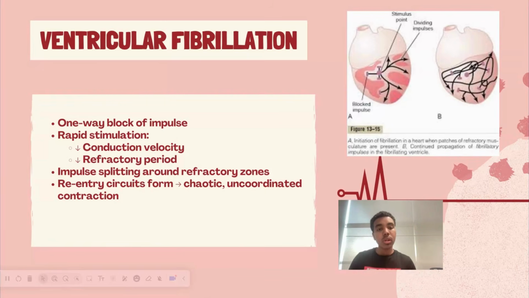So you're going to have impulses that are blocked because they hit the refractory patches, and impulses that branch out near refractory patches, go around, and depolarize the muscles that are excitable. That is caused by rapid stimulation, and it is going to cause re-entry. So you're going to have re-entry circuits forming, with chaotic and uncoordinated contraction. And if you take a look at heart B, this is the final form of ventricular fibrillation.